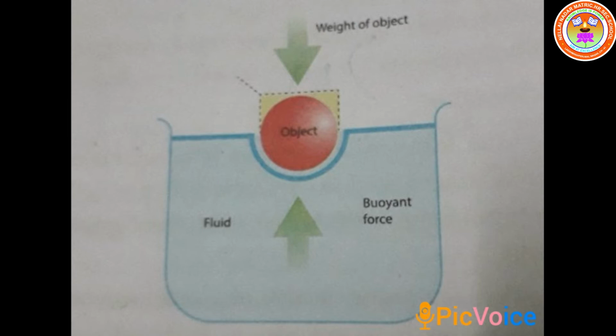Upward force will be acting due to the pressure at the bottom of the liquid and the density of the object. When the density of the object is less, the object will be floating above the surface of the fluid or liquid. That is due to the upward force.